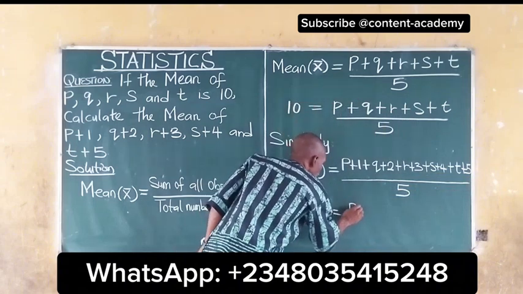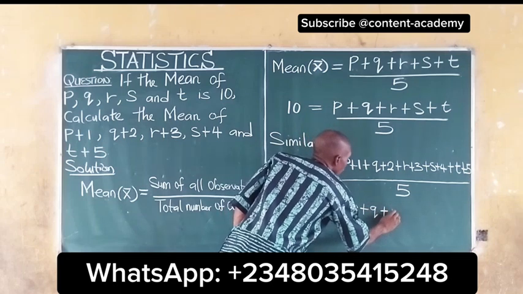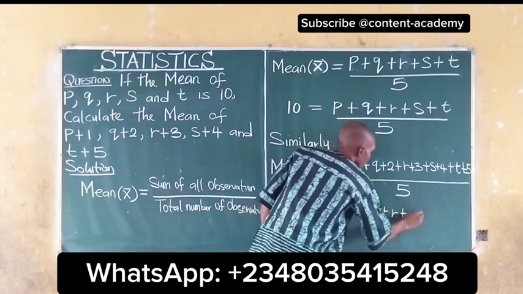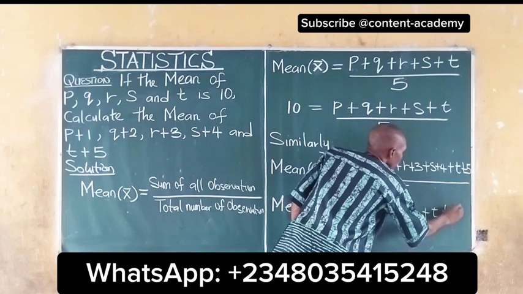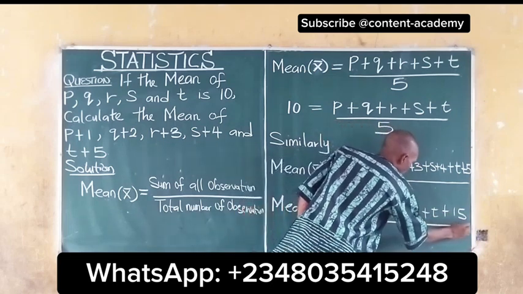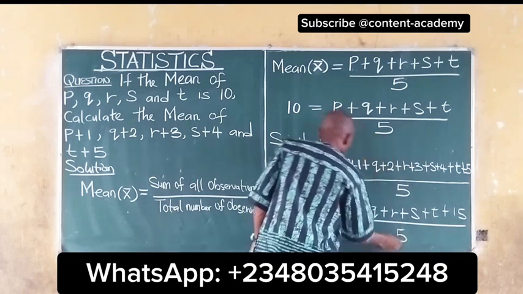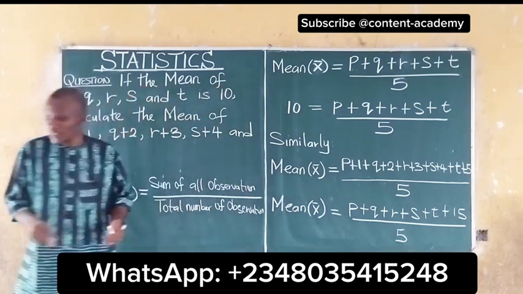So we have P plus Q plus R plus S plus T plus 15, divided by 5.